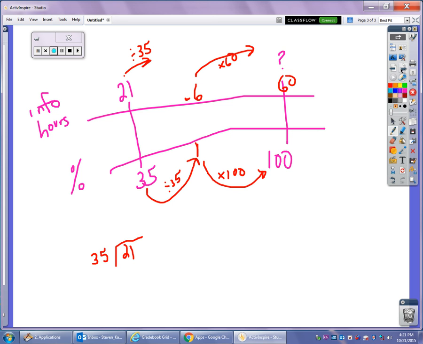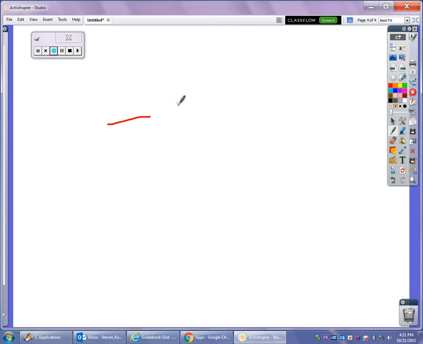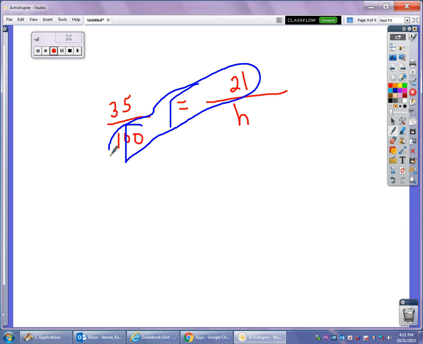Now let's do this problem as a proportion. So when you do proportions, it's percent over 100. So we already know it's 35%, which equals part to whole. And we know that the 21 is the part. And I'm going to put H for hours since we don't know the whole. H will represent hours. And we talked about in class, to solve a proportion, you're going to cross multiply. Oops, sorry.